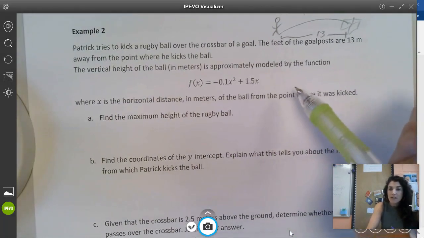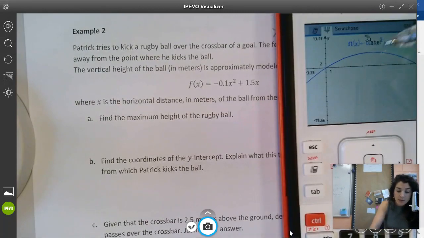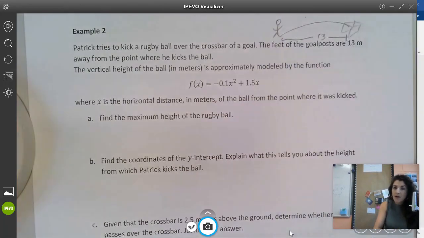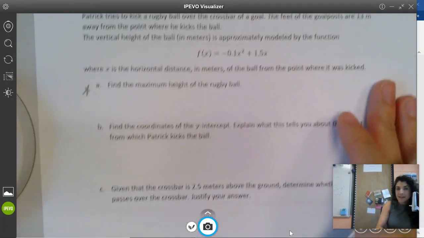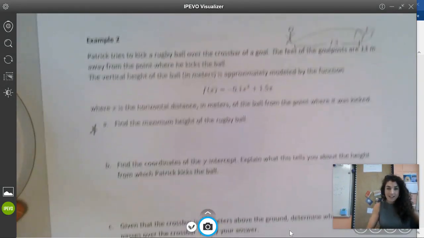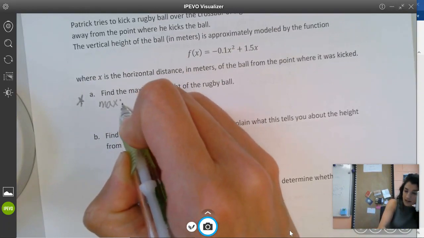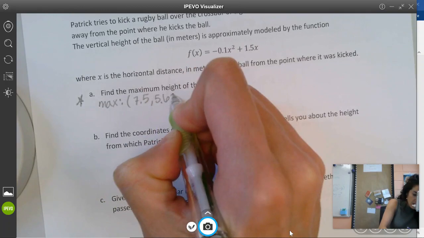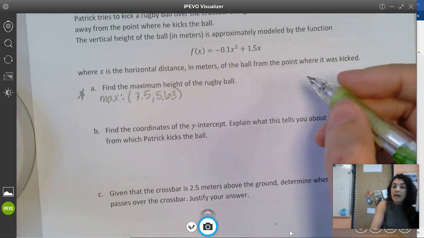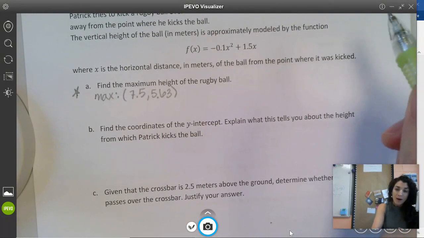Find the maximum height of the rugby ball. Okay, well, your maximum is going to be in here, and you can just use your calculator in order to find that. Go ahead and answer for the maximum height. So, number one mistake a lot of students make is that you find the maximum, which has the coordinates of 7.5, 5.63, and you give me the coordinate of the maximum, but that's not what the problem is asking.